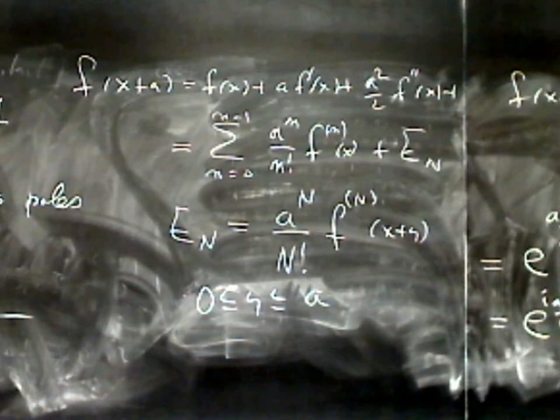In particular, we introduce the variable z as e to the i pi x over L, and another variable z inverse, which of course is e to the minus i pi x over L. And then the Fourier series is a pair of series: 1 over square root of 2L, the sum n equals 0 to infinity of c sub n z to the n, plus the sum n equals 1 to infinity of c sub minus n z inverse to the n. So in other words, the Fourier series is a pair of power series.